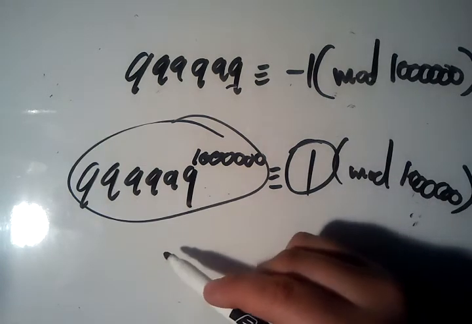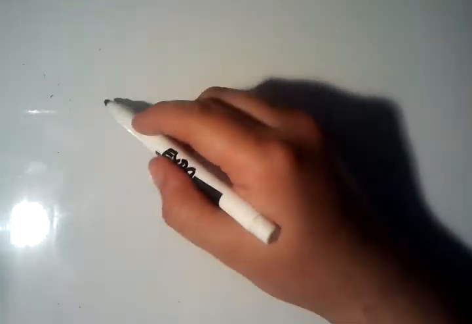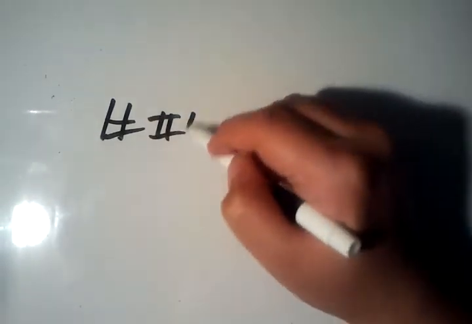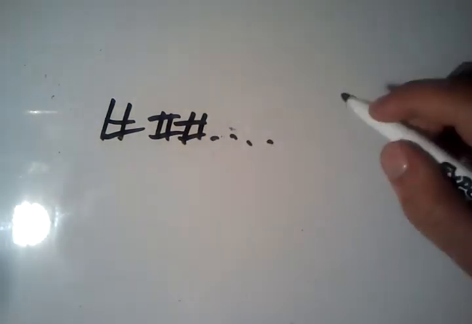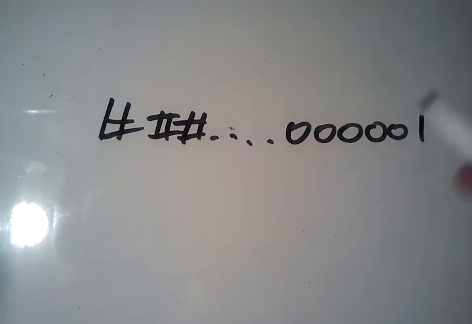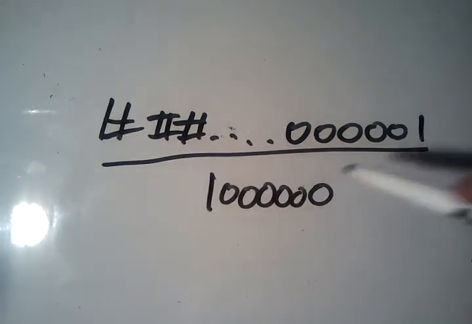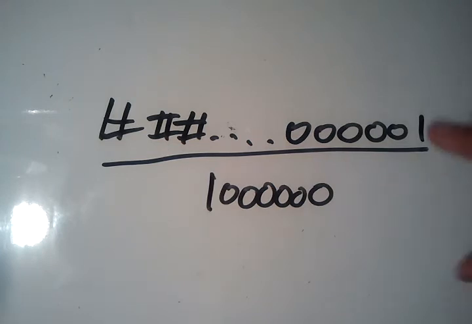And the only types of numbers that do that are numbers that look something like this. It has to be a bunch of digits up front, and the last digits have to be 0, 0, 0, 0, 0, 1. And the reason is because when you divide that by 1 million, we can break this up: you can just take this 1 off, replace it with a 0, and add that 1 over here.